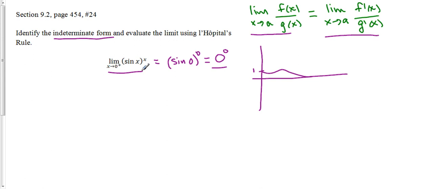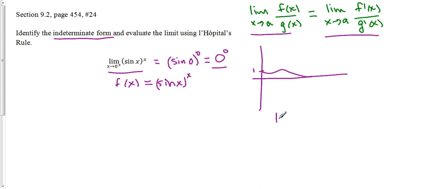This is really the same situation we had in the last problem. What we did there was to let f of x be equal to sine x to the x.